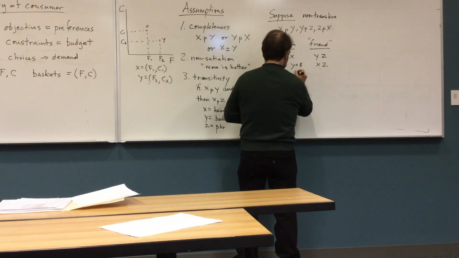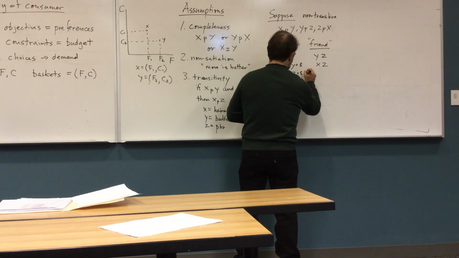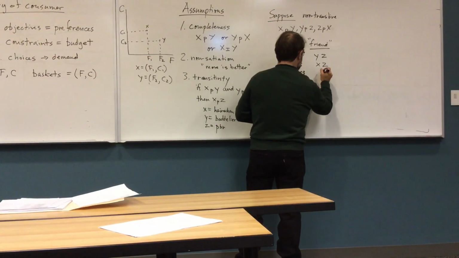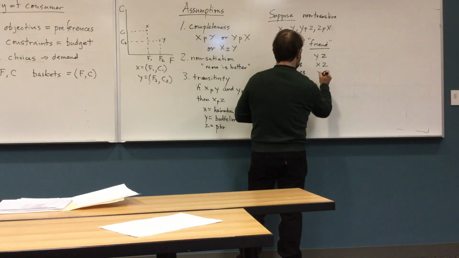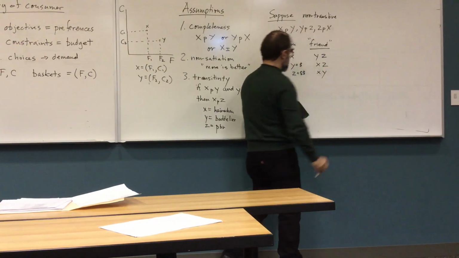So now you have the Z and more money, and your friend has X and Y.